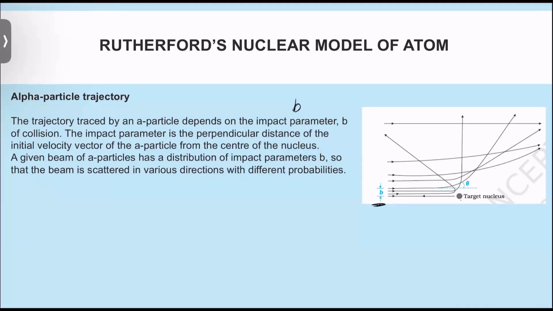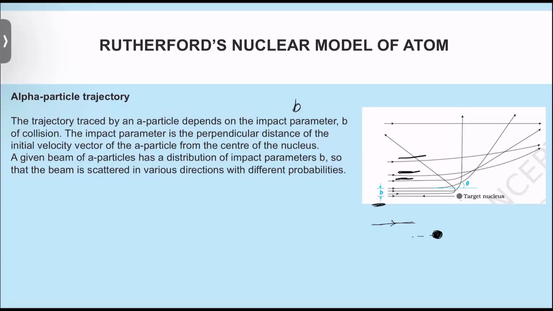The impact parameter is the perpendicular distance of the initial velocity vector of the alpha particle from the center of the nucleus. To simplify, this is your target nucleus and the alpha particle is coming like this.